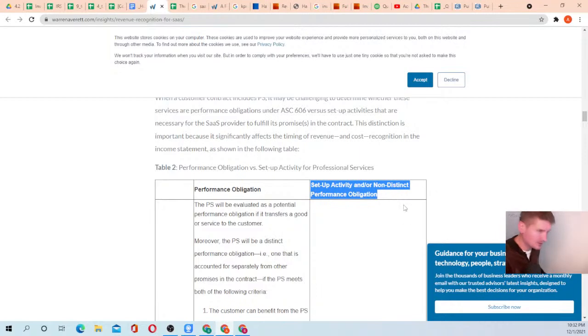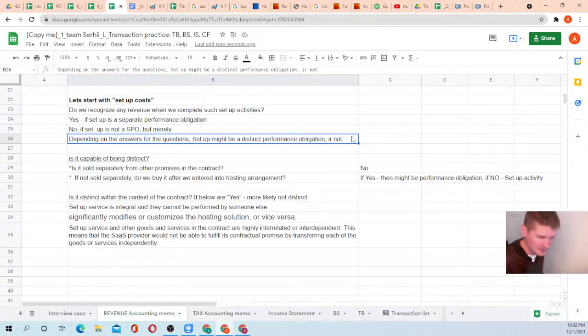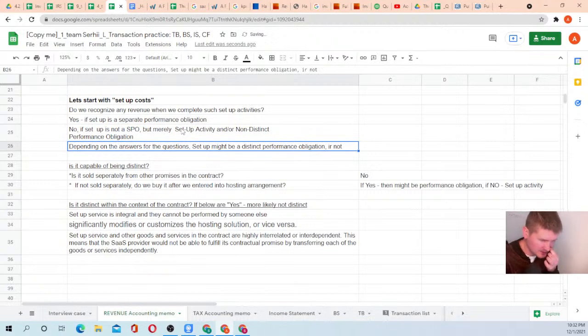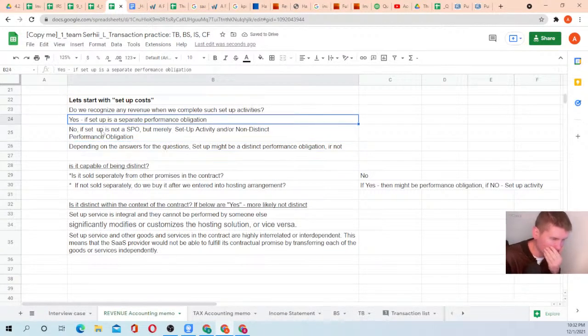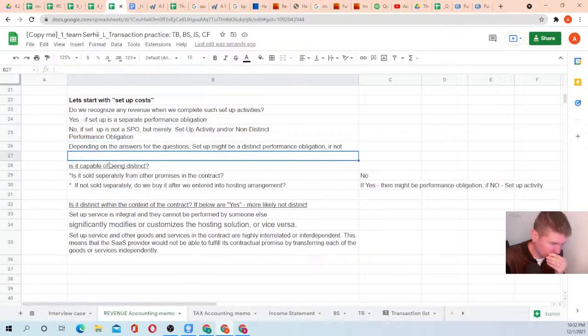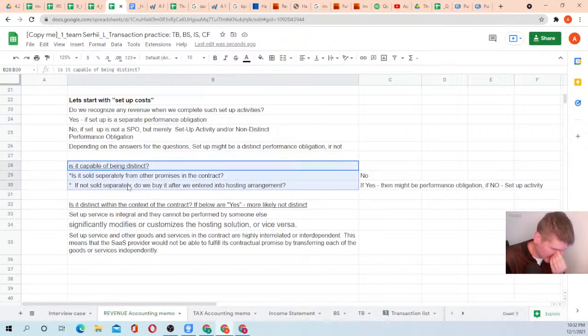Let's just copy it from here. No, but merely setup activity and non-distinct performance obligation. Okay, so we need to answer yes for that part.